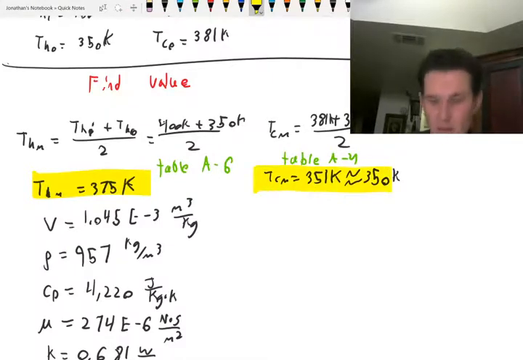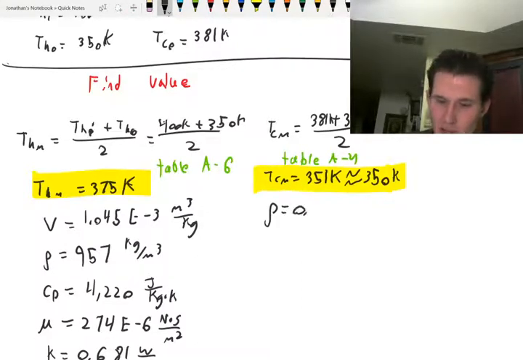It's not going to be a problem. Unless there's a large difference in your values across the table between your temperatures, go for the temperature that's closest. If you're concerned that's going to be a problem, you might want to interpolate, but we do have a lot of things to do in our day, so don't worry about interpolating if it's going to be close. And that is somewhat up to your discretion.